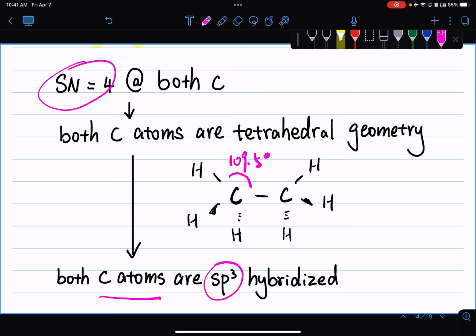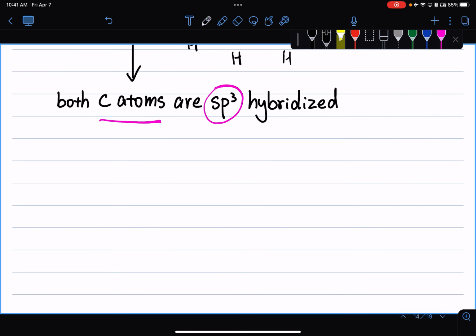What I want you to be able to do is to sketch these chemical bonds coming from the hybridized atomic orbitals using valence bond theory. So the way we do it is we first write out the molecular skeleton, and then we write out our sigma bond between the carbon and the carbon atom.